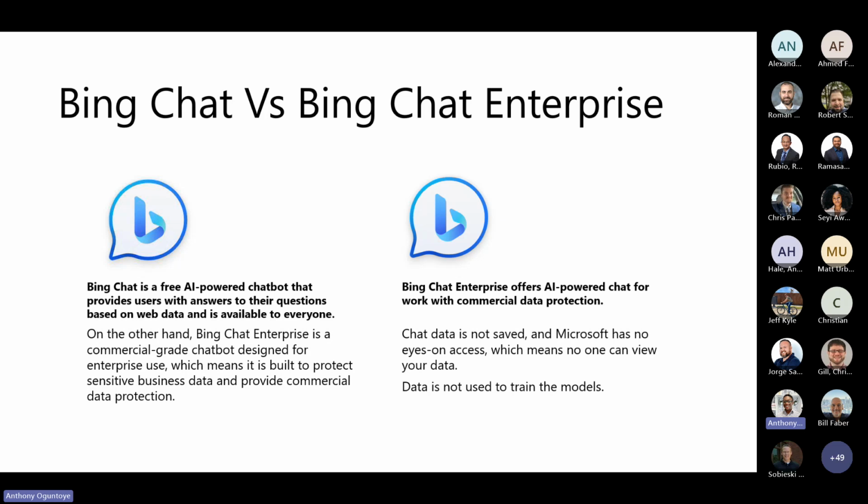Bing Chat is accessible on your browsers. On the other hand, Bing Chat Enterprise is a commercial-grade chatbot designed for enterprise use, which means it is built to protect sensitive business data and provides commercial data protection. Your chat data is not saved, and Microsoft has no eyes-on access, which means no one can view your data. Data is not used to train the model as well.